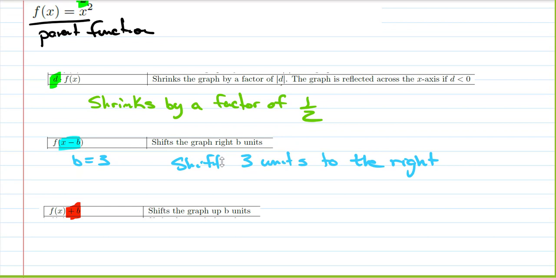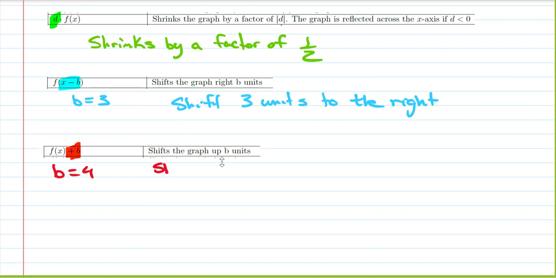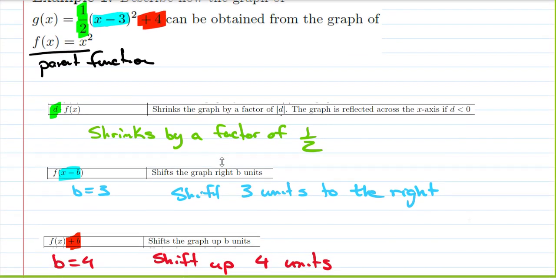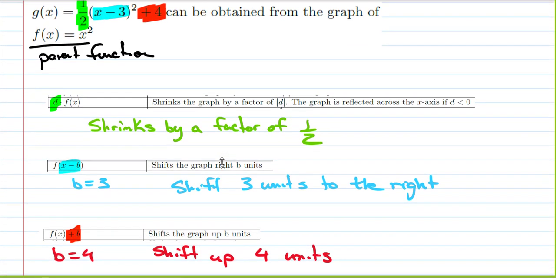So that's going to be our b. So b is 4. And then our conclusion is it's going to shift the graph up 4 units. And that is what we are going to get for our translations for each of these.